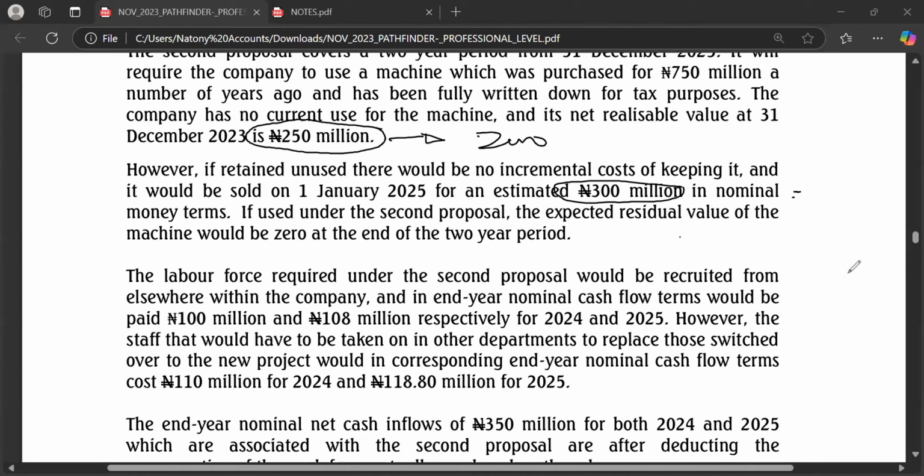But if it is sold on 1st January 2025, what will be the income there? 300 million. So now, which becomes the relevant cost? Which one are you going to pick as a relevant cost? The 250 million or the 300 million naira?